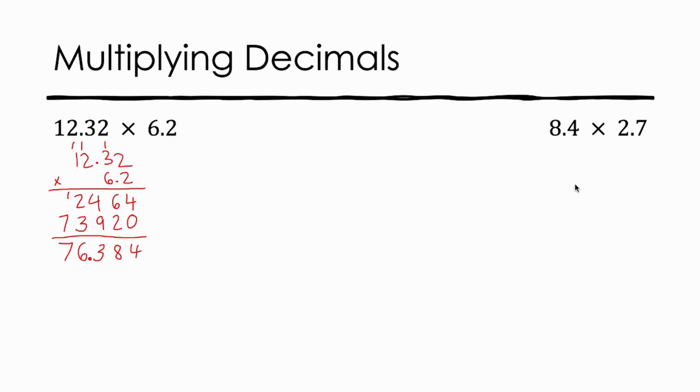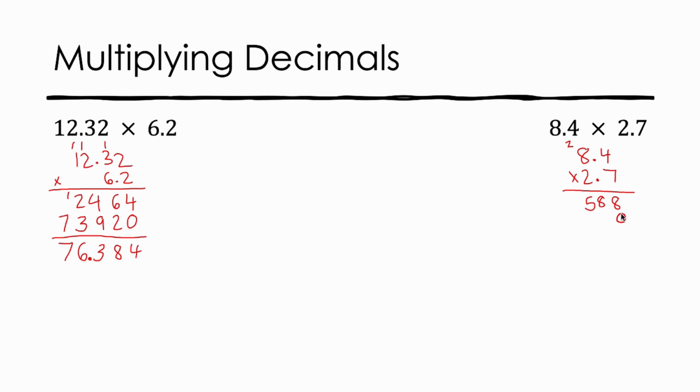Let's go on to this one. 8.4 times 2.7. Alright, let's do this. And notice that the decimal points line up. It's just normal. Sometimes. So let's do this. 7 times 4 is 28. 7 times 8 is 56, plus 2 is 58.